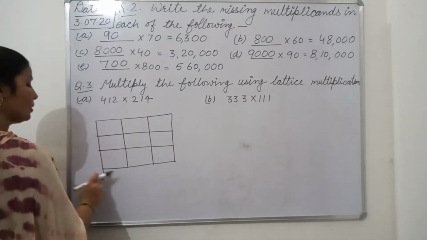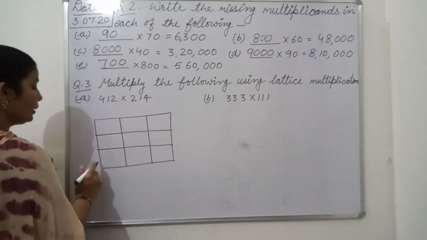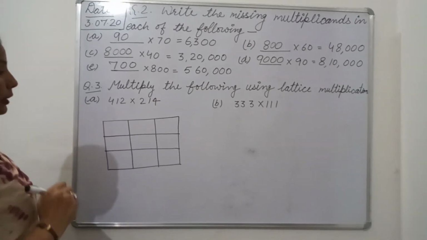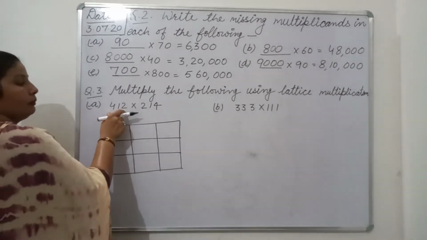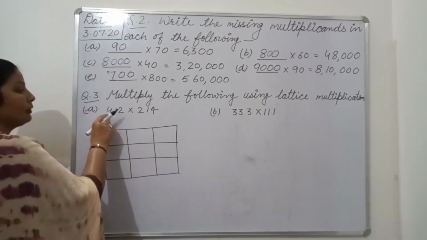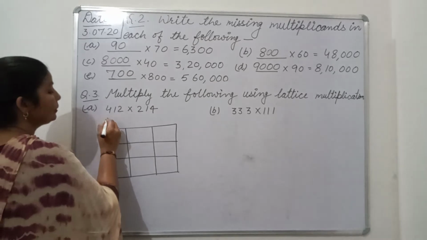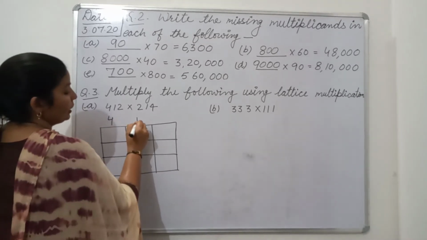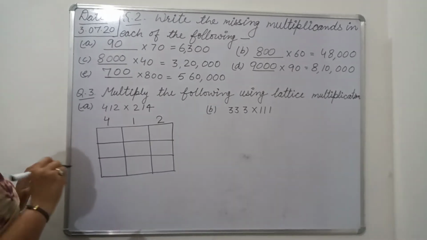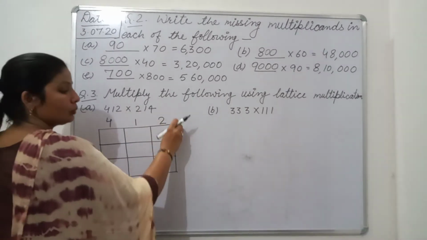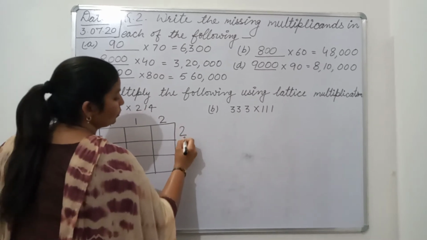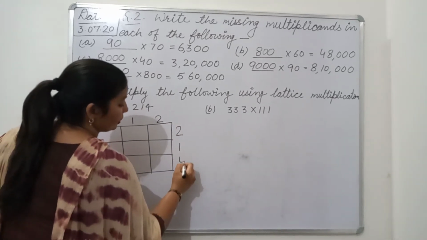Like this we have to take 3 rows and 3 columns. Now the first number we should write on the top according to the columns. The first number is 412, so we write here 4, 1, 2. Now the second number we will write according to the rows: 214. So 2, 1, 4.